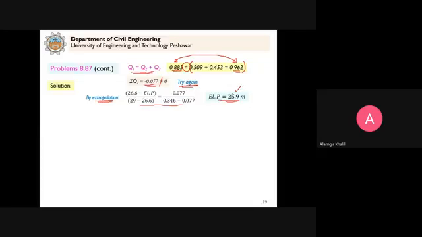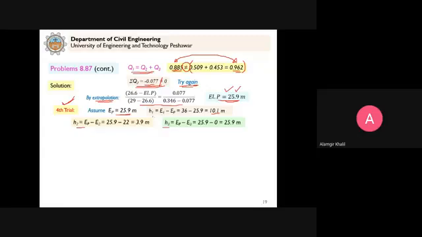And now for this EP equal to 25.9 meter, we go for the fourth trial because we want to increase the accuracy of our results. So now assume for this EP 25.9 meter here, and again calculate H1, H2 and H3. For this again we calculate Q1, Q2 and Q3.